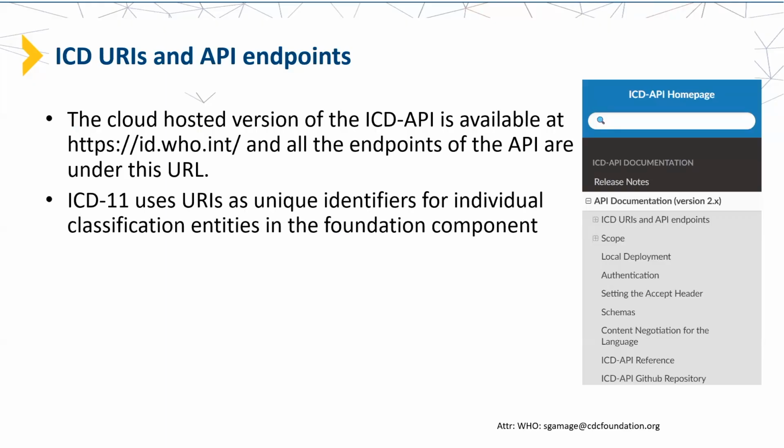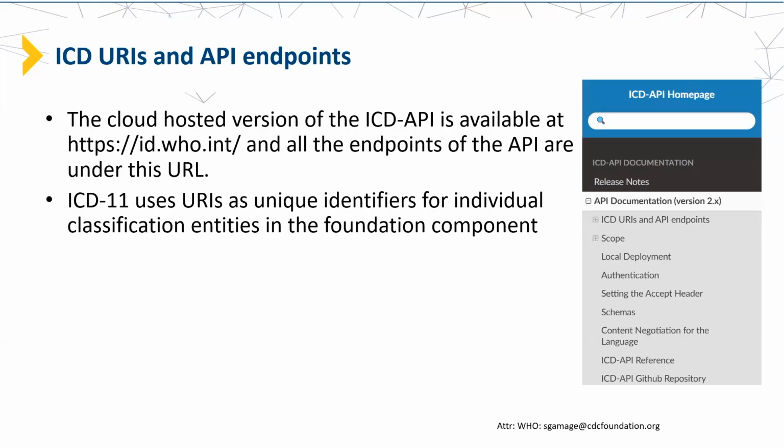ICD-11 uses URIs as unique identifiers for individual classification entities in the foundation component. As I explained in the previous presentation, there are many more entities found in the foundation component of ICD-11 than what you see in the ICD-11 morbidity and mortality statistics.